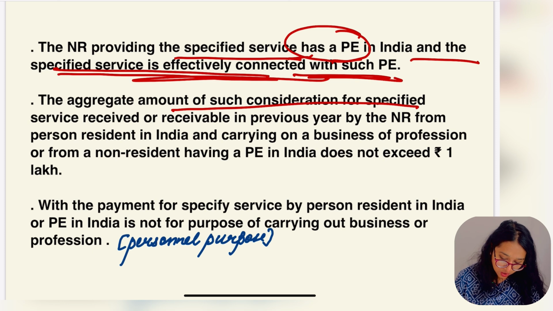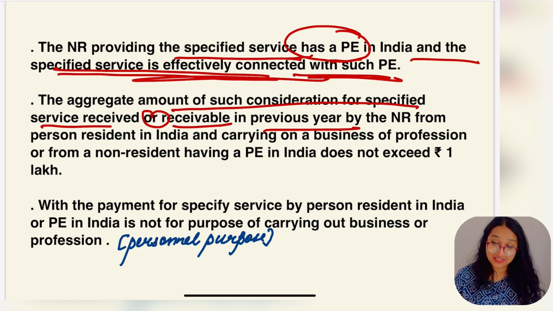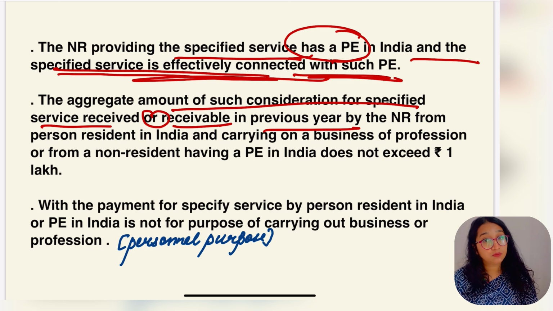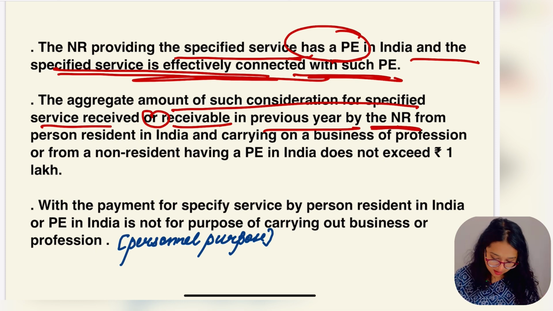Okay. Let's go for the second condition. Aggregate amount of such consideration for specified service received or receivable in the previous year. They are talking about the full amount, not about a single transaction, not a single consideration received by the non-resident. They are talking about the full consideration received in the previous year, by the non-resident, from whom?